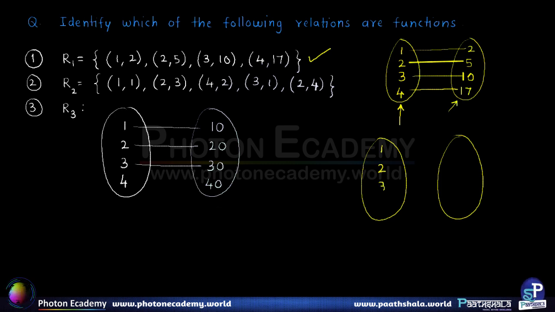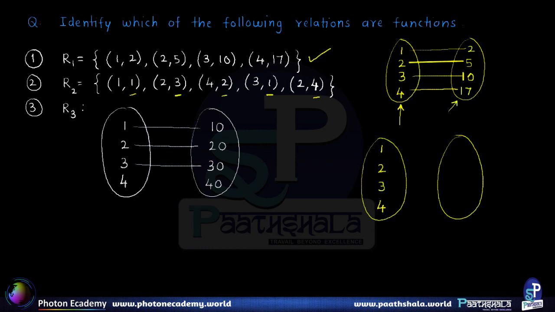and 4. Alright. Now let's look at the values of all second elements. That is nothing but 1, 3, 2, 1, 4. So here also we see that the total values that are visible in the example are 1, 2, 3, 4.